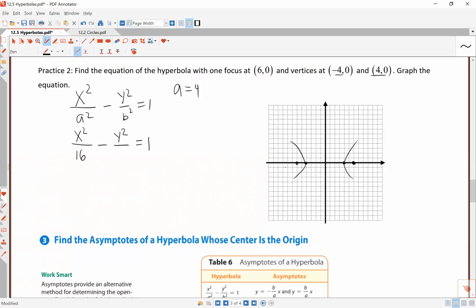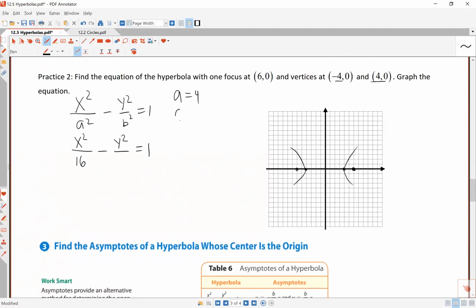Now we know the foci are 6 units from the center, which makes c equal to 6. And c squared is equal to a squared plus b squared. A squared is 16, c squared is 36, which makes b squared equal to 36 minus 16, which is 20, or b is the square root of 20.